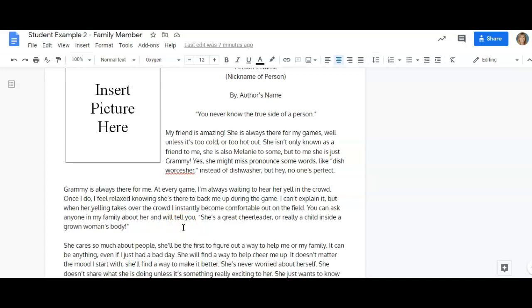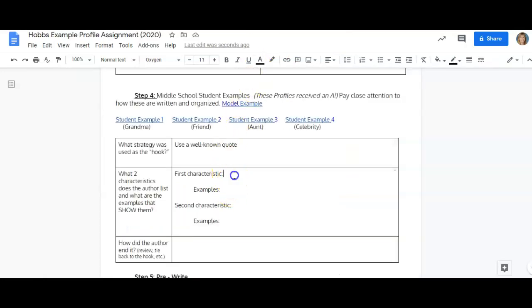You can ask anyone in my family about her, and they will tell you she's a great cheerleader or a child inside of a grown woman's body. Okay, so that tells me she's always there for her. I'm assuming this is a girl. I don't know why, but I kind of feel that. So the first characteristic is always there.